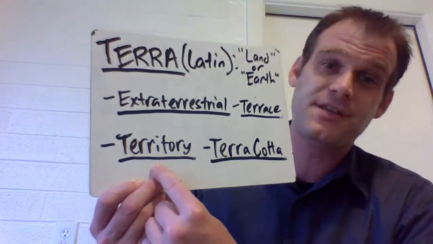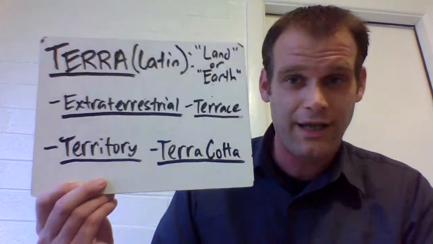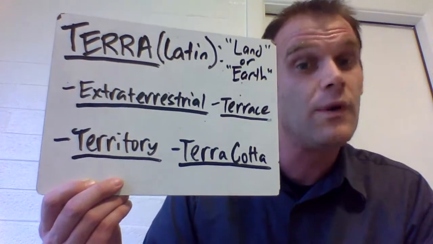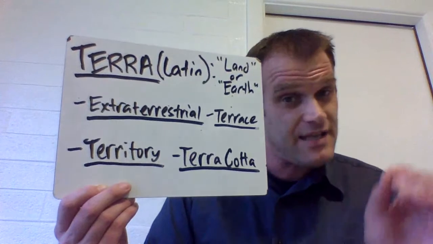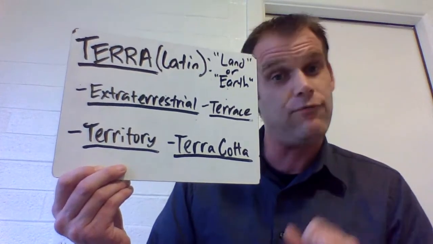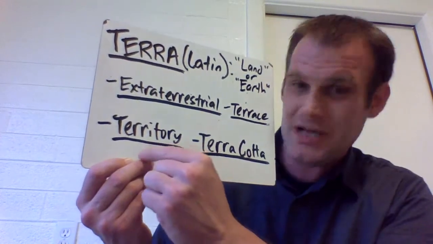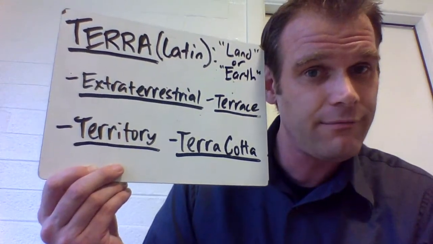Territory, like for instance when we bought the Louisiana Territory from France with the Louisiana Purchase. Another example would be the states of Arizona and New Mexico were actually part of what was known as the New Mexico Territory, and they did not get statehood until 1912.